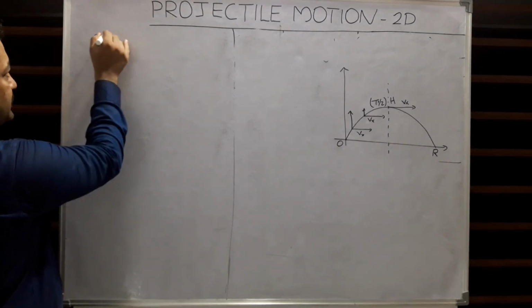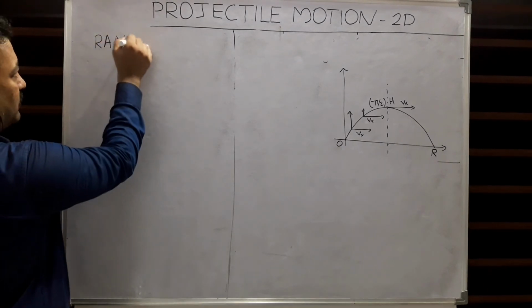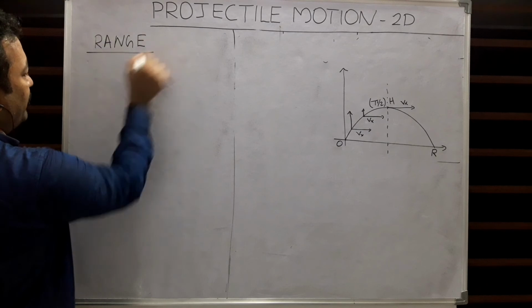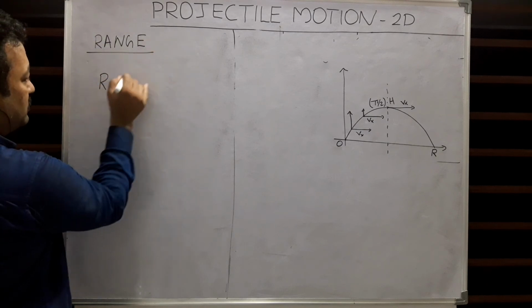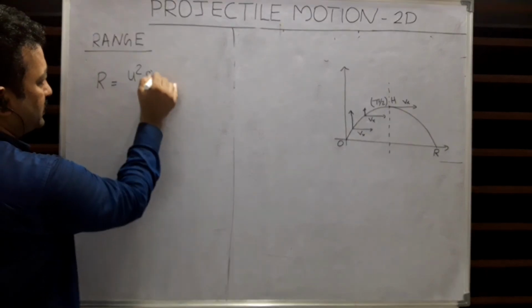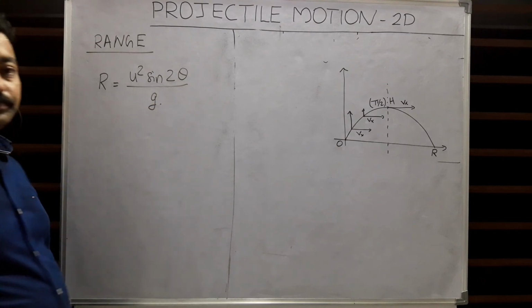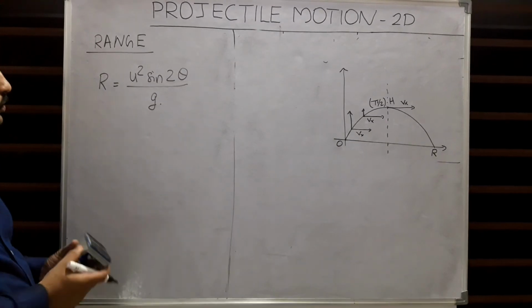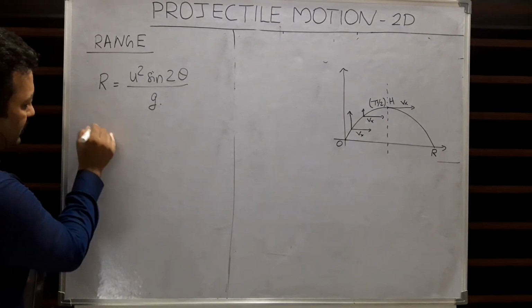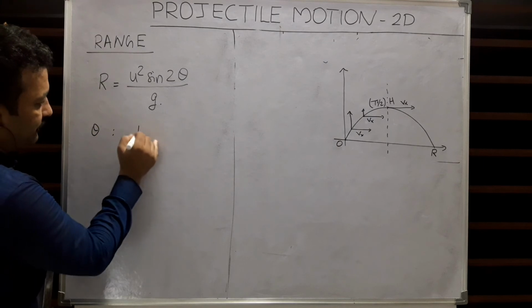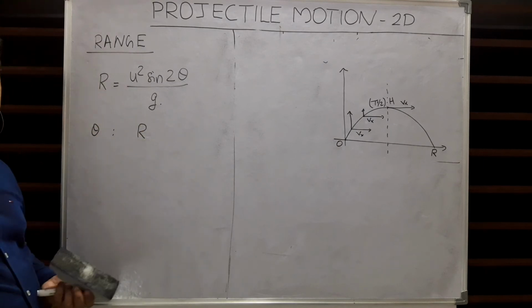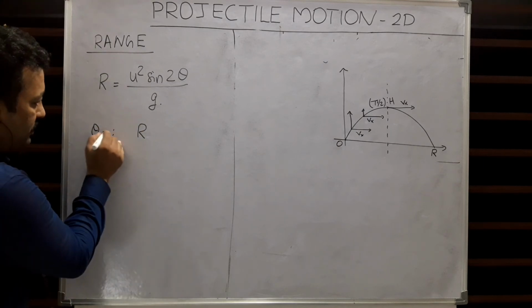A range itself. We have R is equal to u square sine 2 theta divided by g. Now we can say that for a given theta, we will get a given value of R. This is theta 1 is equal to theta.